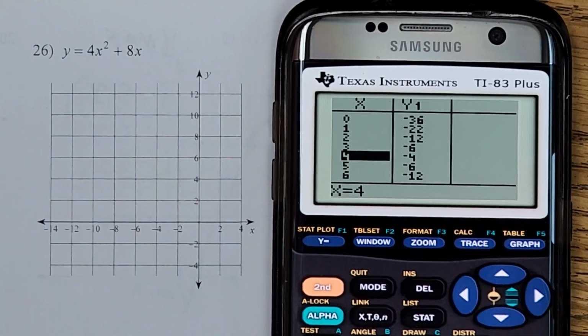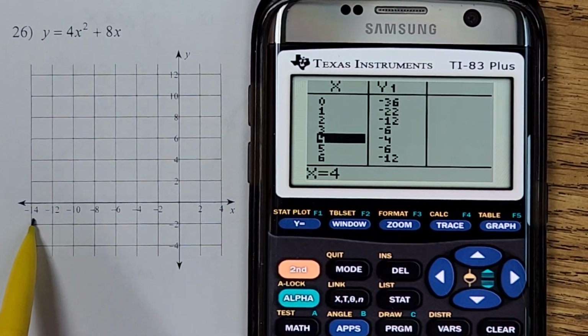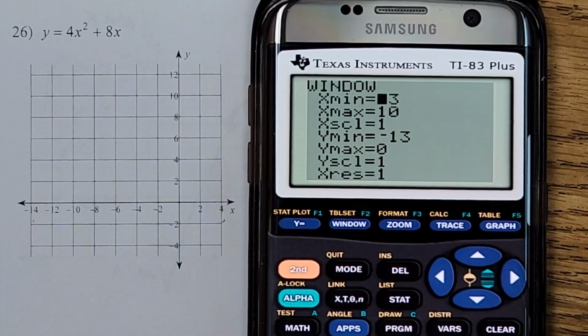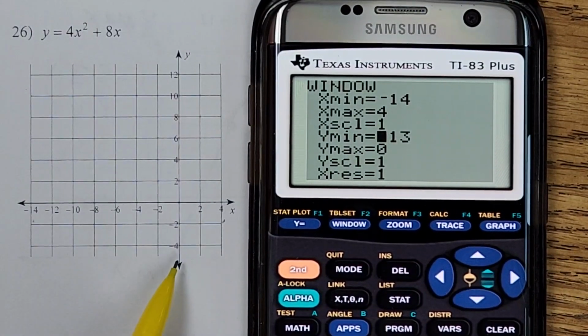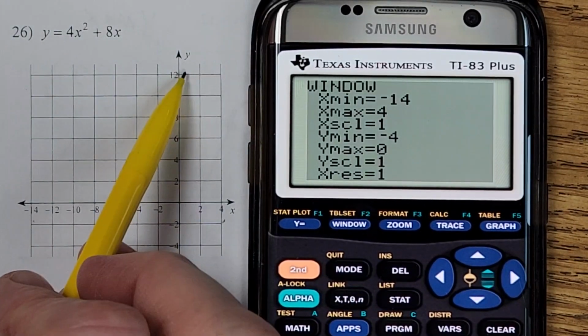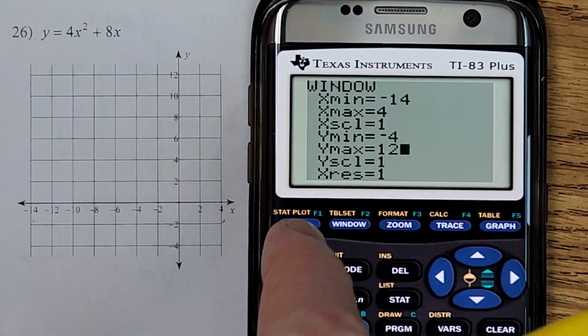So my window is going to be -14 and 4. So window, x min is -14, the x max is 4. The y min down here is -4. And the y max is 12. Okay, so that's the window.